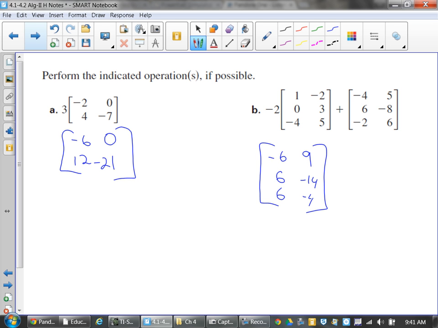I think that's what you get. Oh my God. That was 666. The devil's in matrices as well. Oh, that makes sense.